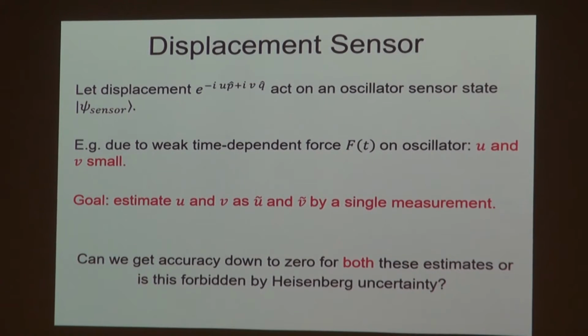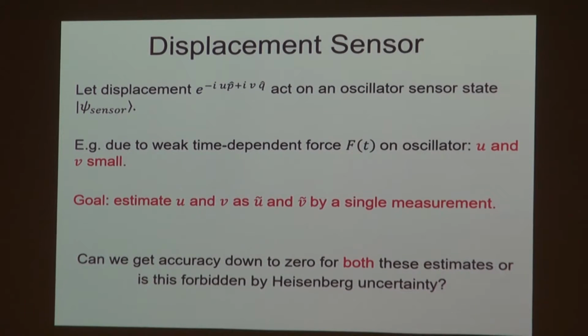Now the goal is that we've prepared my sensor state. A displacement acts with some parameters u and v that I don't know, assuming other sources of noise, and this displacement is due to some time-dependent force. U and v are small, and the goal is to estimate what u and v are in order to derive what the force is.